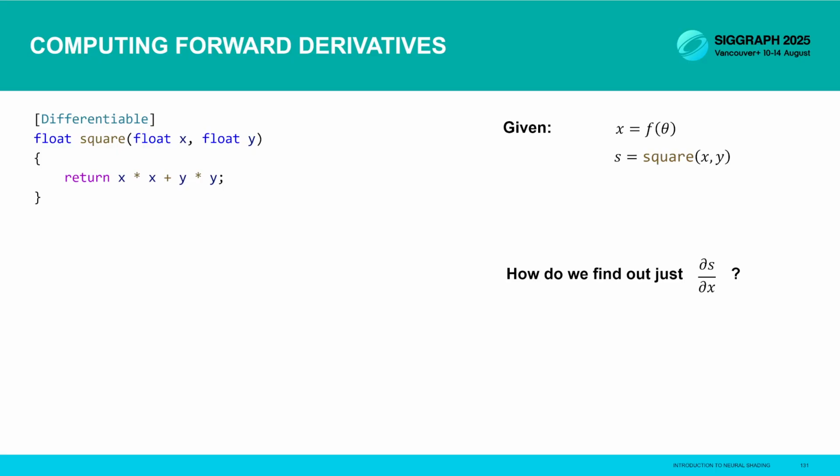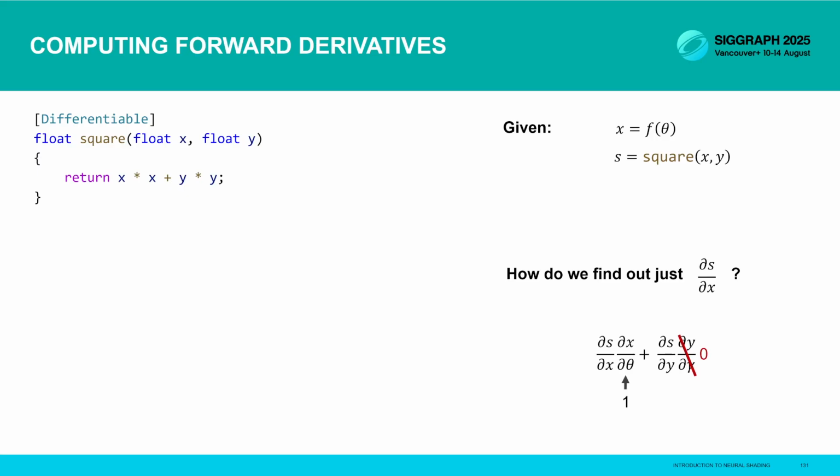As a small extension, let's consider a slightly different problem. What if we want to know the gradient of x, that is partial s partial x, and exclude the gradients for y or gamma? Well, we know the forward gradient function computes partial s partial x times partial x partial theta plus partial s partial y times partial y partial gamma.